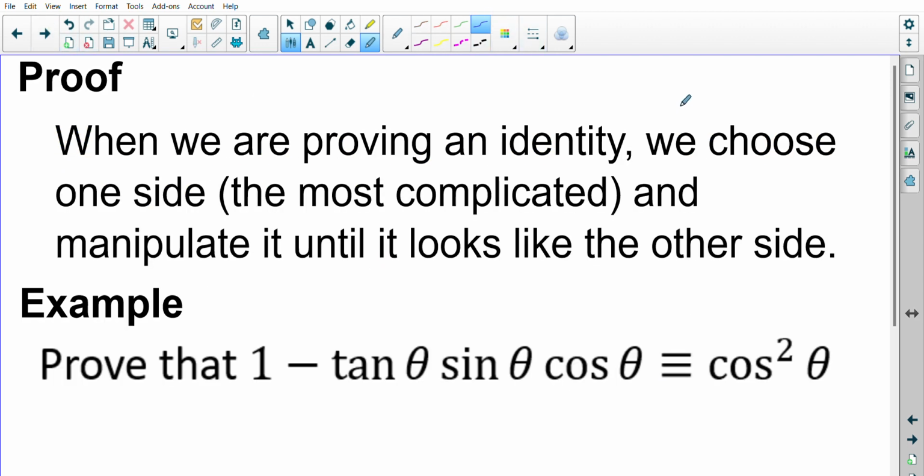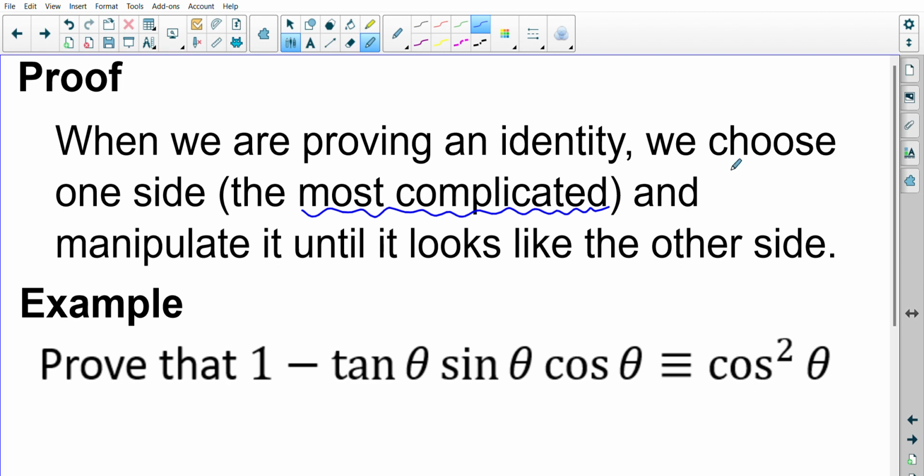So I'll read what it says. When we are proving an identity, we choose one side, usually the most complicated, okay? It's easier to uncomplicate something, so simplify it, rather than make something simplified more complicated.